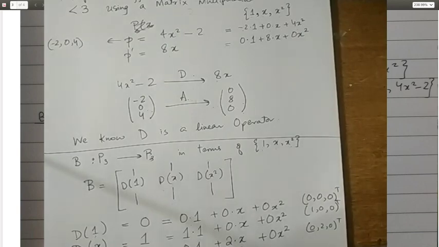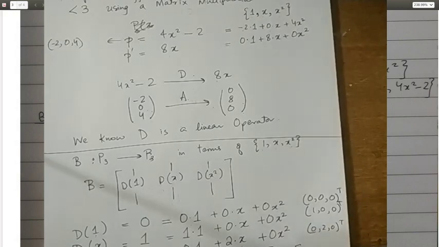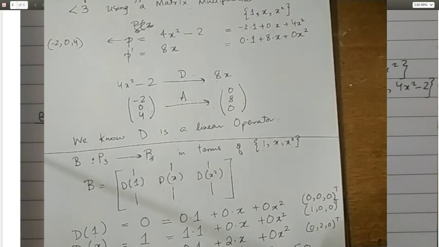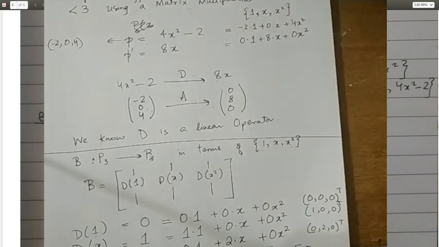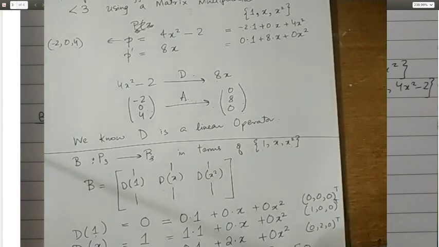If I multiply this with minus 2, 0, 4, let's see what vector I get. 0 times minus 2 is 0, 1 times 0 is 0, 0 times 4 is 0, so the first component is 0. Second component: 0 times 0, 0 times minus 2, 2 times 4, which is 8.